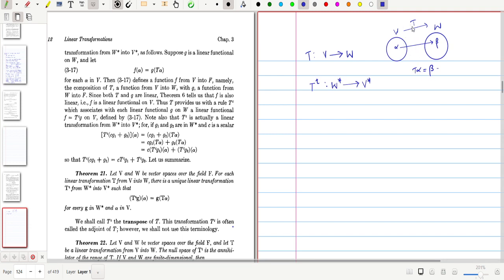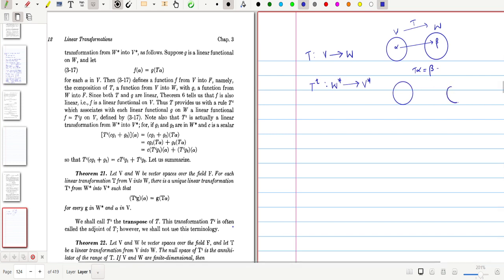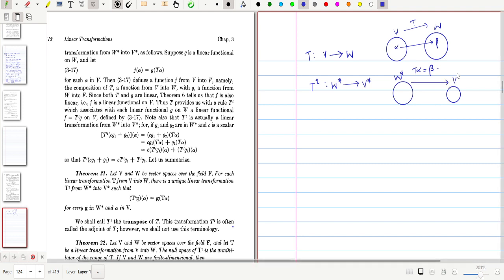Corresponding to this T, we define a map from W star to V star.